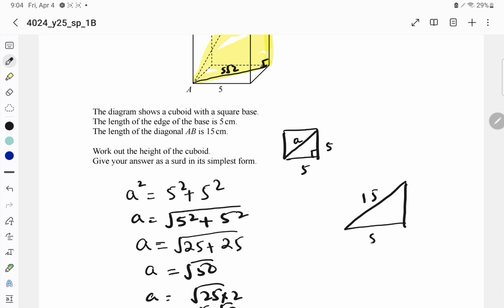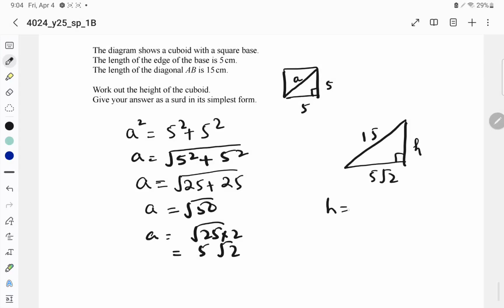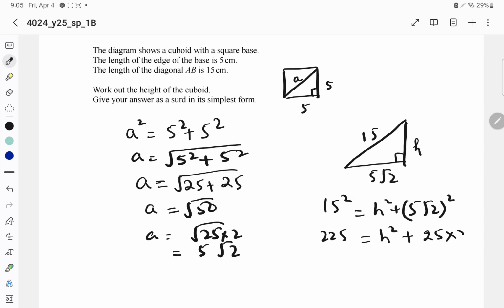Wherever it's 15, it's 5 square root 2, and this is the height. So you can write down 15 squared is equal to the rest of the sides squared, height squared plus 5 square root 2 squared. 225 is equal to height squared plus 25 into 2, which is 50.